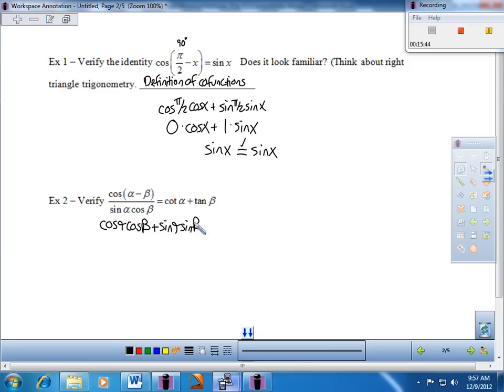So that's what cosine of alpha minus beta is. And then I have this piece right here, sine alpha, cosine beta. Can't really touch that at this point in time. Now, I don't see any identities out there because everything is just in its basic cosine and sine form. They're all just now 2 different angles, independent of one another.